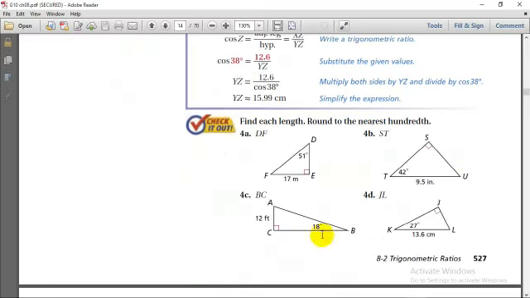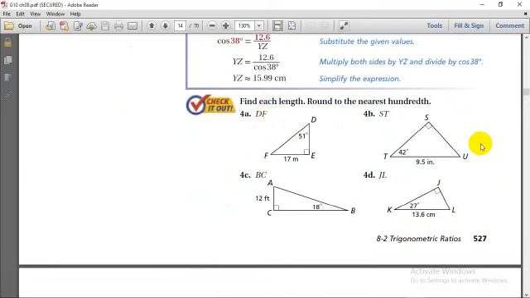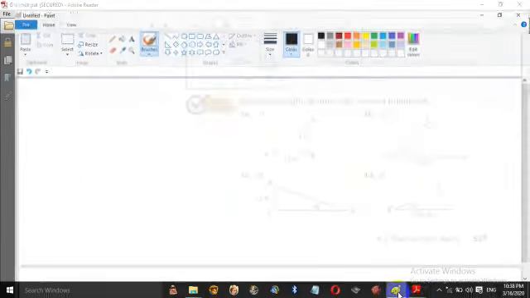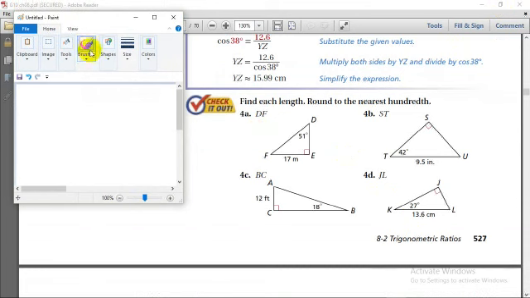Try to solve this practice. He wants DF, which is the hypotenuse. How are we going to solve something like this? I have angle D, and I want the hypotenuse. I have its opposite, so I'm going to use the sine.